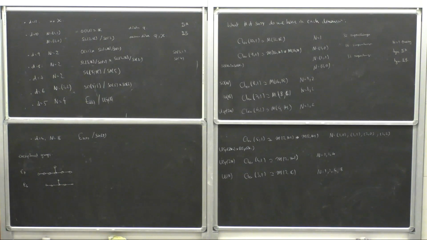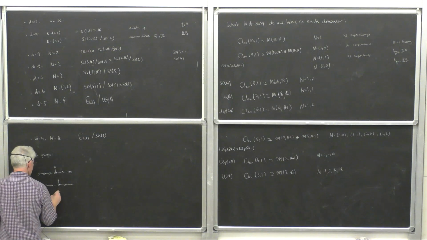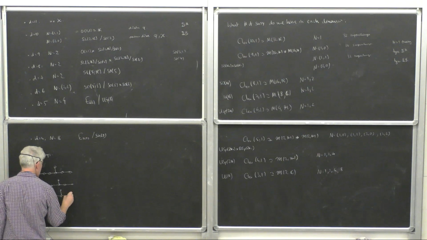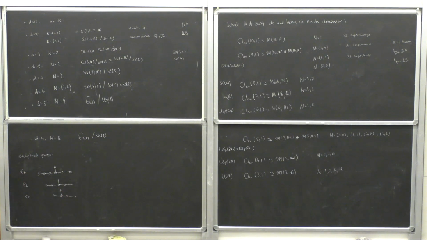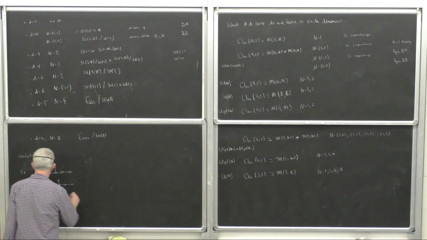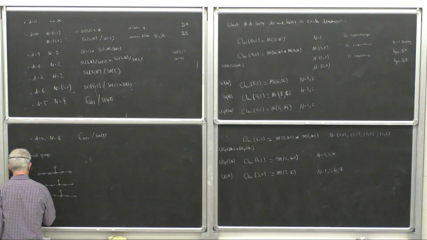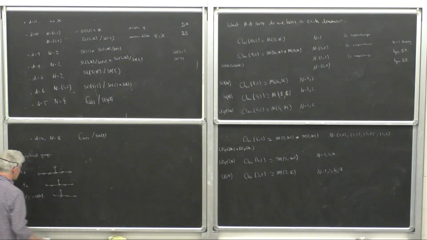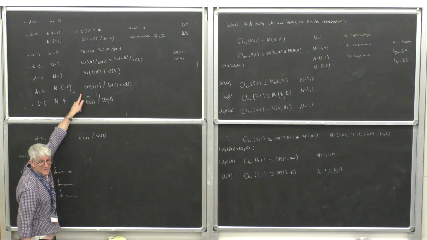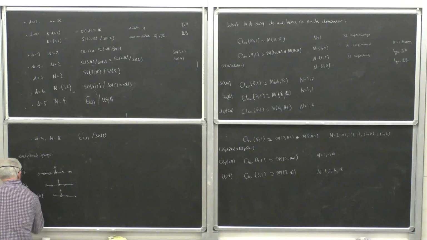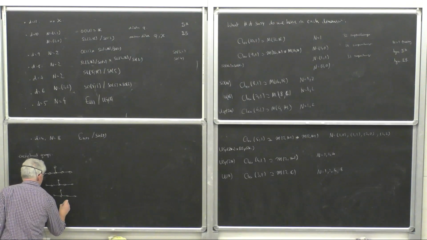So that's E6. I can define something called E5, which is I just cross off the next node. But that's actually the same thing as SO(10), as a Lie algebra, which is what appears there.